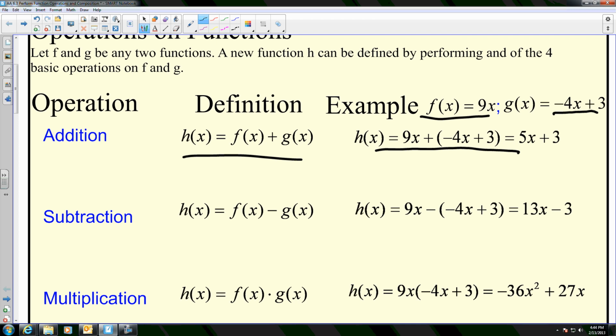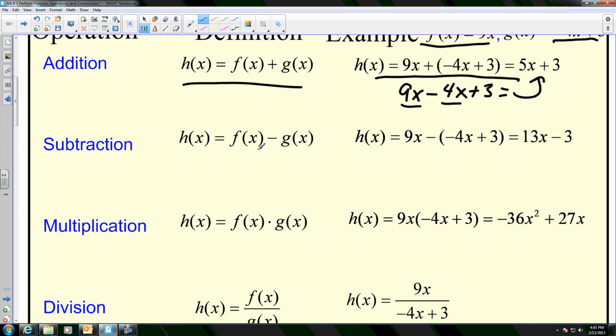If you get rid of that parentheses, it's just 9x minus 4x plus 3, and then we are combining like terms here, which then gives us our answer of 5x plus 3.